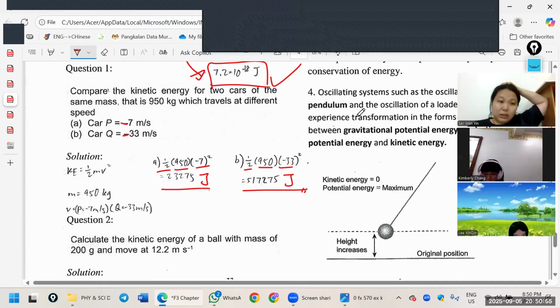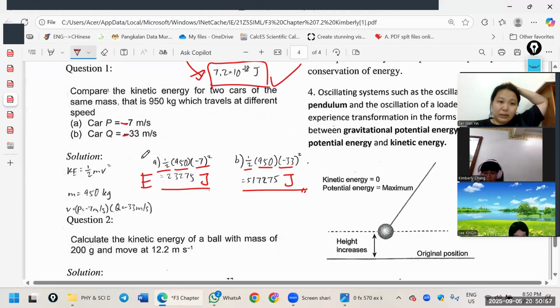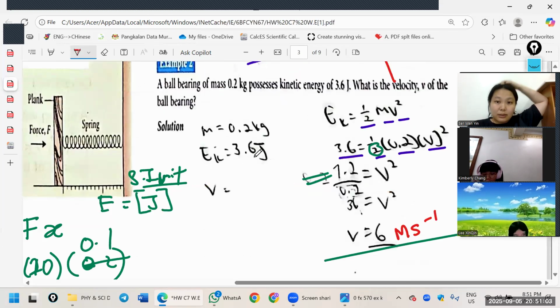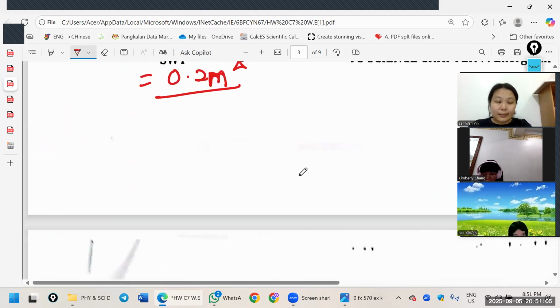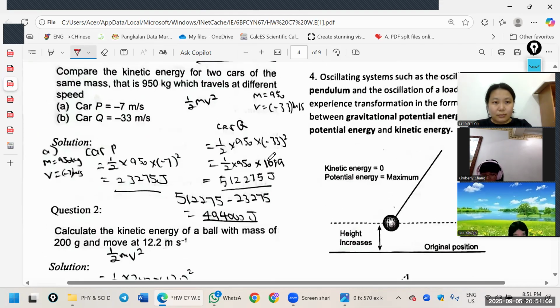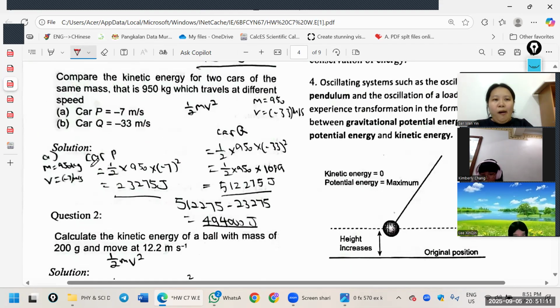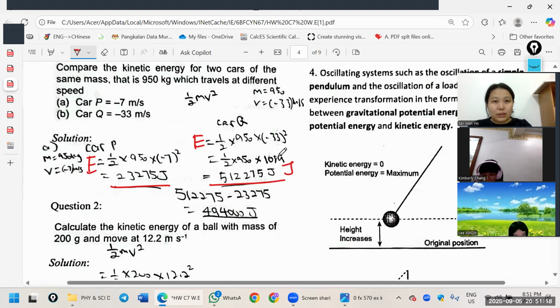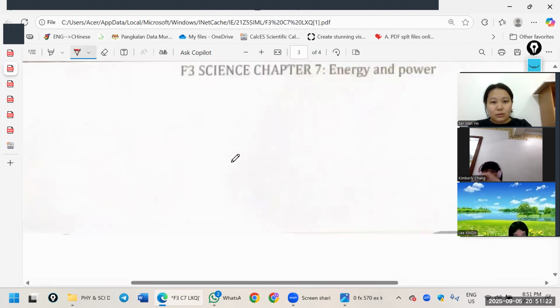And when you didn't write E in front, the formula should be E equals to something. Formula is E equals to something, okay? Energy equals to something.